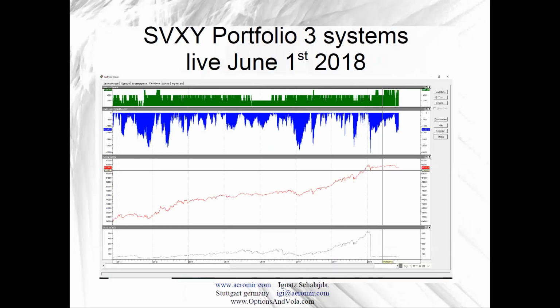This is the portfolio of the SVXY, 3 systems live since June the 1st, which you see here. Again, here you have the SVXY, here you have the acceleration event. This is the equity curve of the 3 systems. The system here is going short with puts.